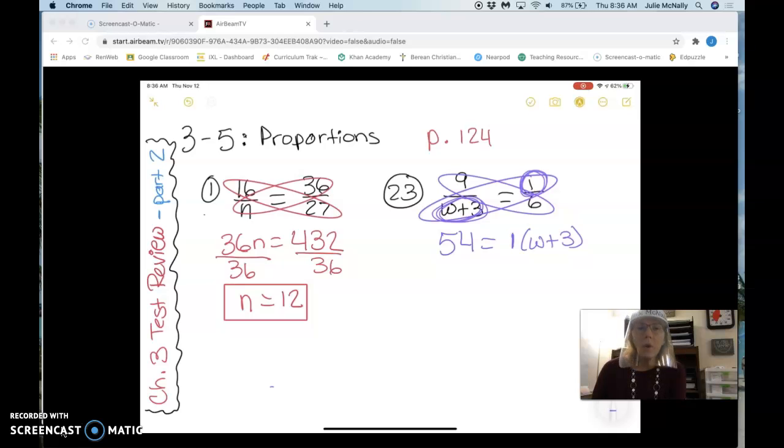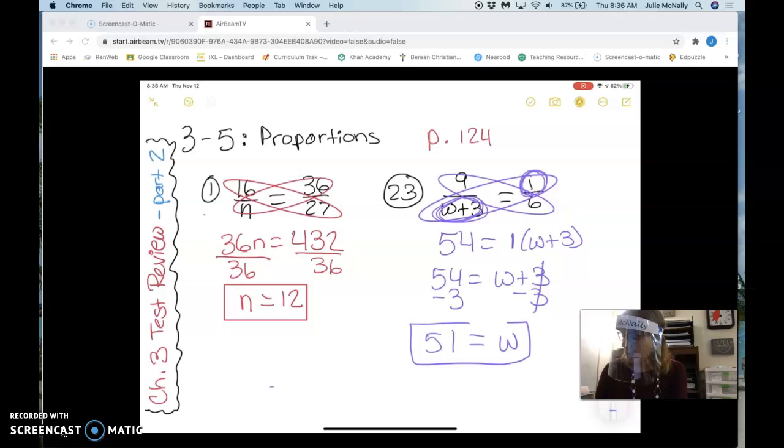But since it's a 1, when you distribute 1, it all looks the same. So what I have is 54 equals W plus 3, and then I do what? Minus 3, and W equals 51. I'll do a couple more of these for you, so copy this down.